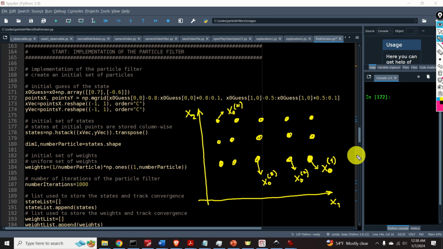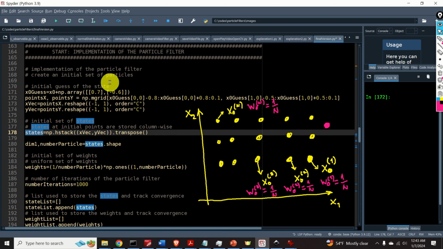The weight value is equal to 1 over n. That is, the weight of this particle, denoted by w0,1, is 1 over n. The weight of this particle, w0,2, is also 1 over n. Similarly, the weight of this particle, w0,3, is also 1 over n. And finally, the weight of this particle, w0,n, is equal to 1 over n.